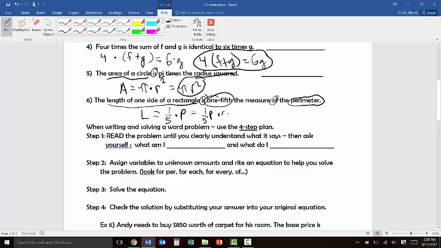And that simplifies to 1/5 p, or you could write just p over 5, and that's the same thing.